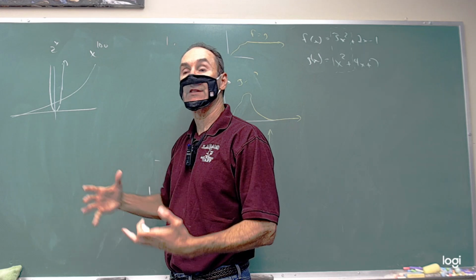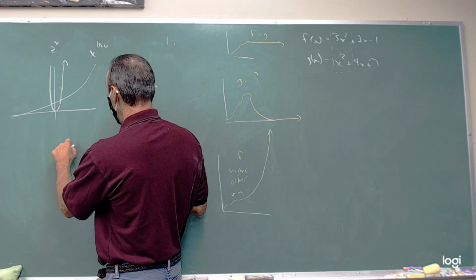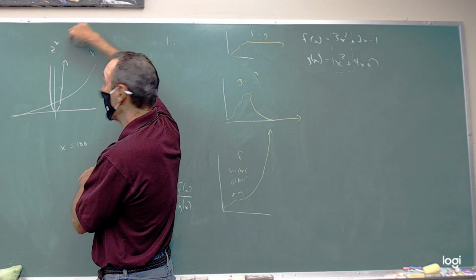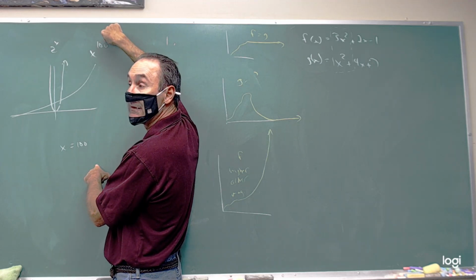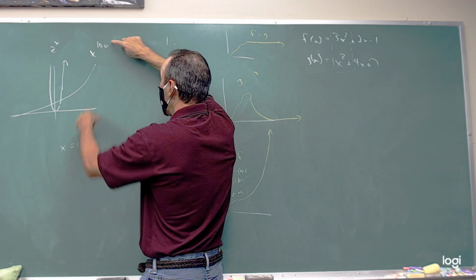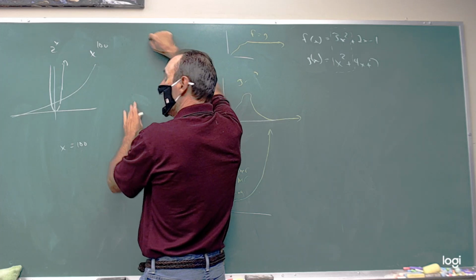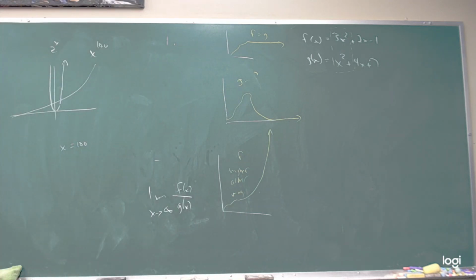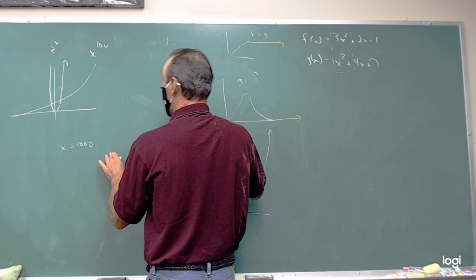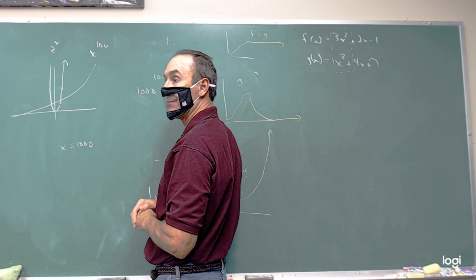How can we convince ourselves of that? Well, here's the idea. My claim is that eventually 2 to the x is going to get bigger than x to the 100. I think I want to go to 1,000. So when I use 1,000, this is going to be 1,000 to the 100th power.